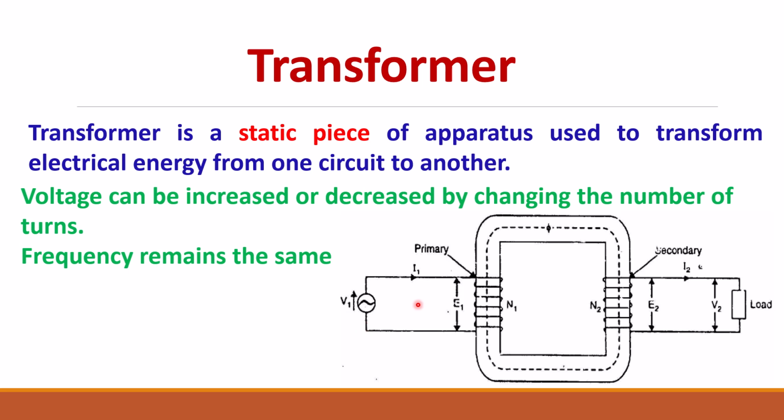You have to remember that in a transformer the frequency remains the same. If I give the source at 50 Hertz, the voltage level will change, but the frequency will not change. You get the same frequency here.